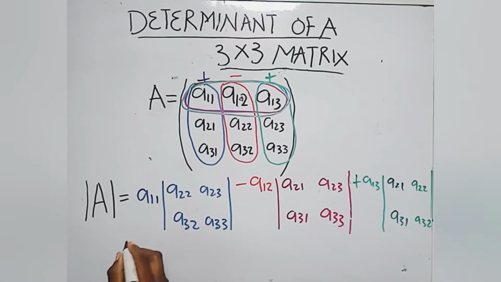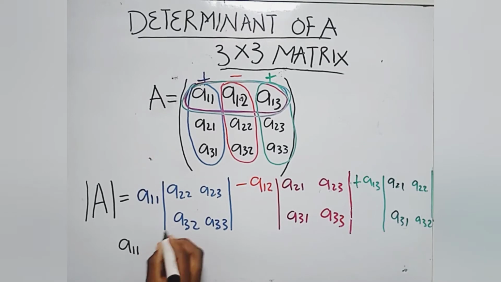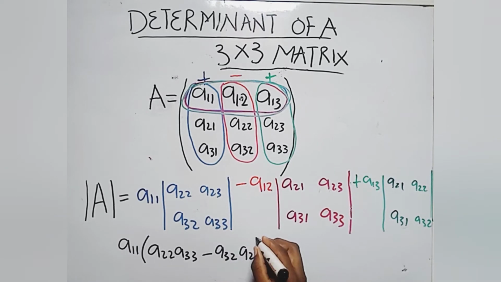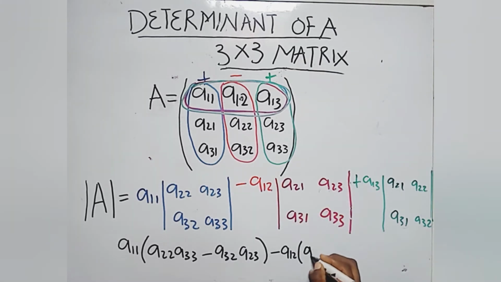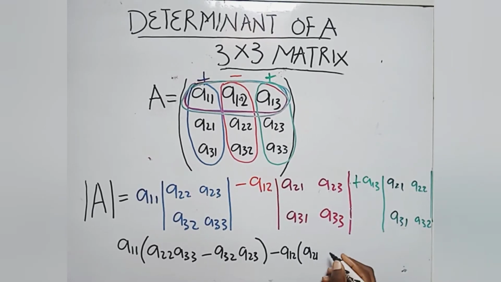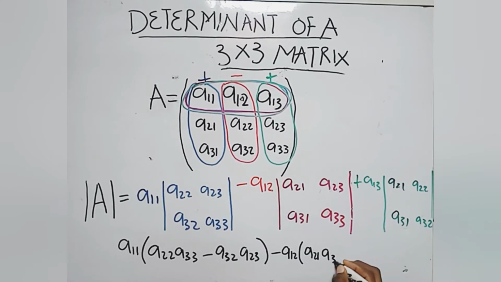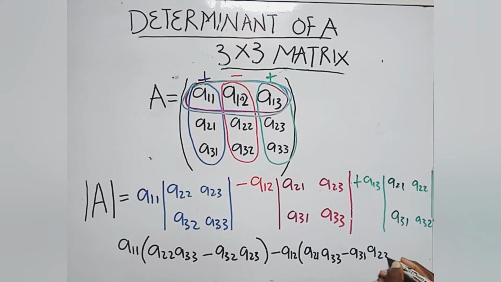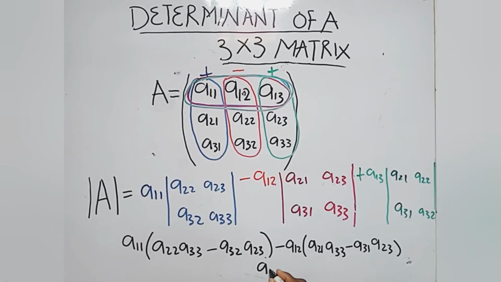Now simplifying this, we have A11, open bracket, multiply these two entries, A22 A33, minus A32 multiplied with A23, minus A12, multiply these two entries, A21 A33 minus A31 A23, plus A13.